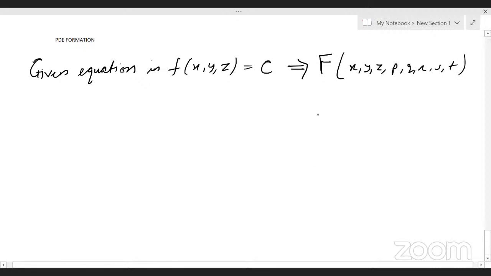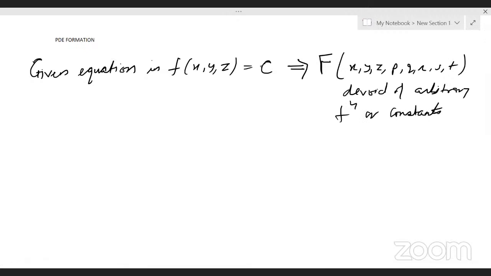All these are symbols for differentials, devoid of arbitrary functions or constants.